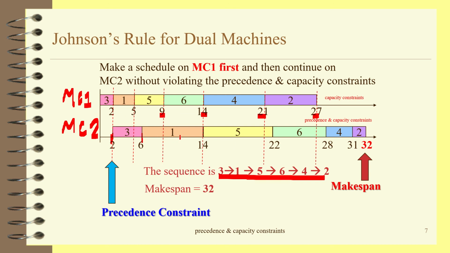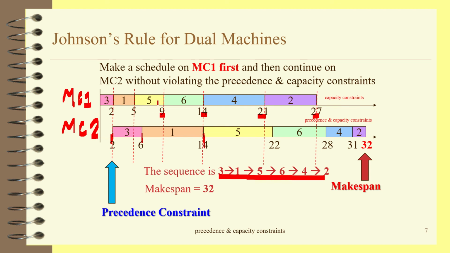And then job 1. The first operation of job 1 finished at time 5, but it cannot be started at 5 because of the capacity constraint. So the earliest time that job 1 could be started is 6. So job 1 starts at 6, and because job 1 requires 8 time units on the second machine, 8 plus 6 is 14 here.